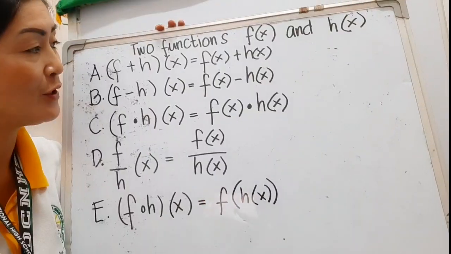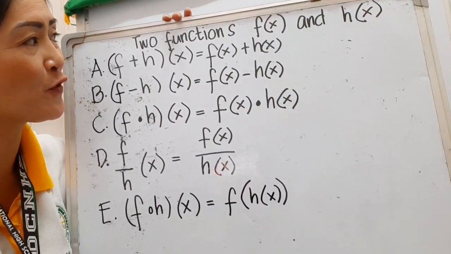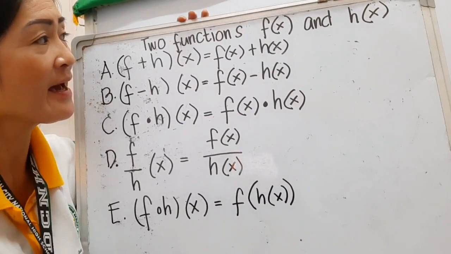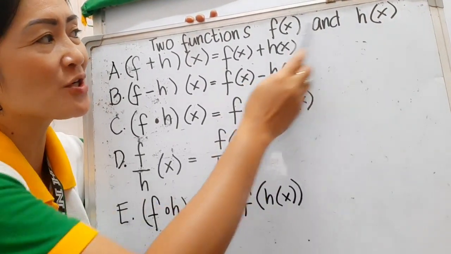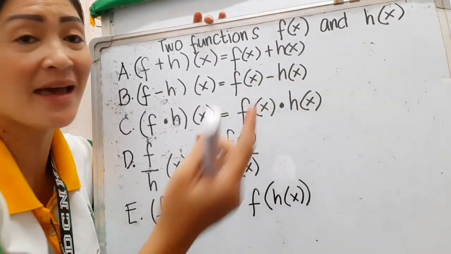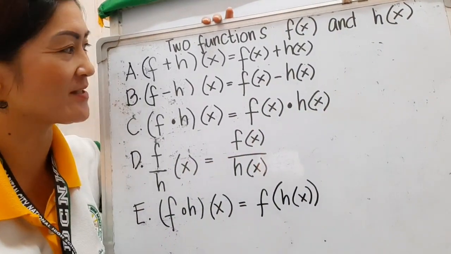Now let's proceed on operations of functions. Composing two or more functions will also result into another function. So let us have more examples. So we have this pattern for operations of functions. Say for example, we have the two functions f of x and h of x. Then we can add the two functions.